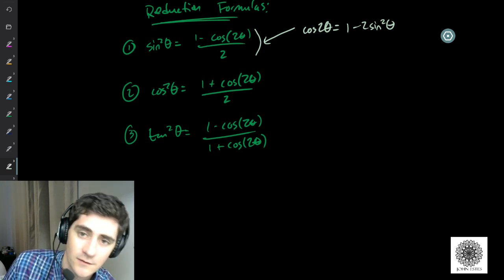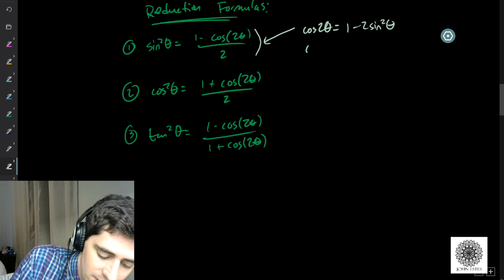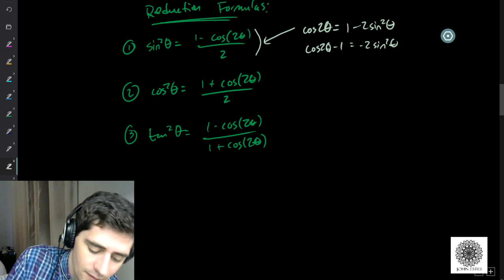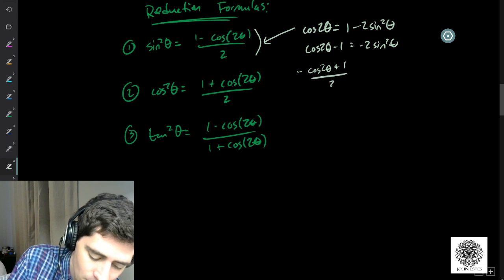So now if I just solve algebraically for sine squared, first I'm subtracting 1 from both sides. And then I divide both sides by negative 2. And in doing so, look, I get negative cosine 2 theta plus 1, over 2, equals sine squared.